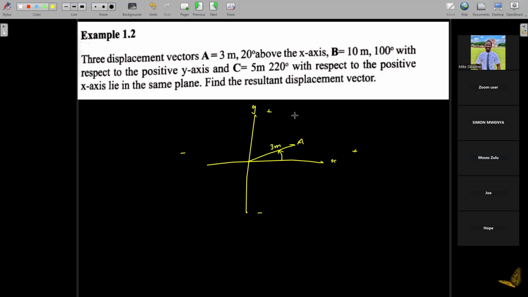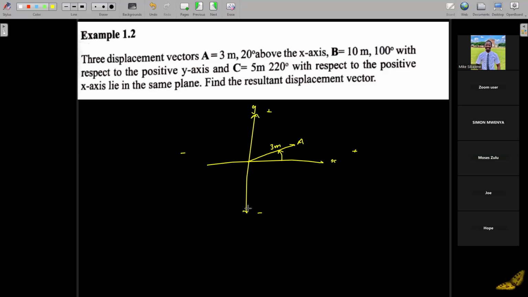So let's look at point B. Point B is saying that it is 10 meters with 100 degrees with respect to the positive y-axis. Take note of that. When they say it is 100 degrees with respect to the positive y-axis, your y-axis is this line.